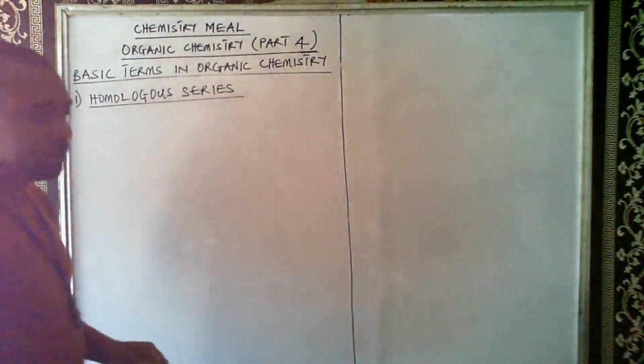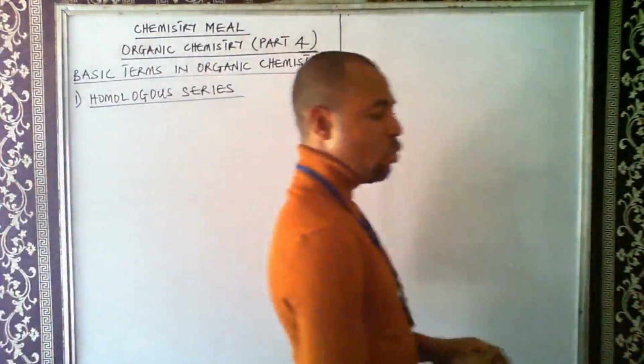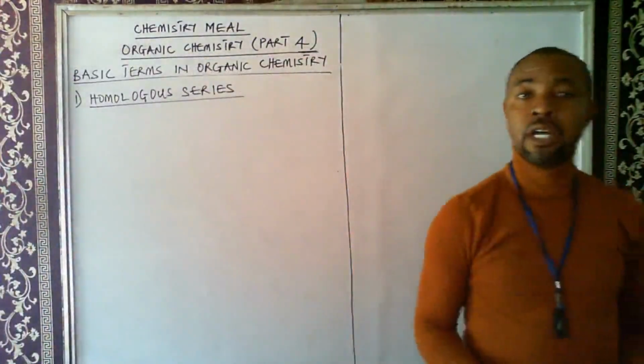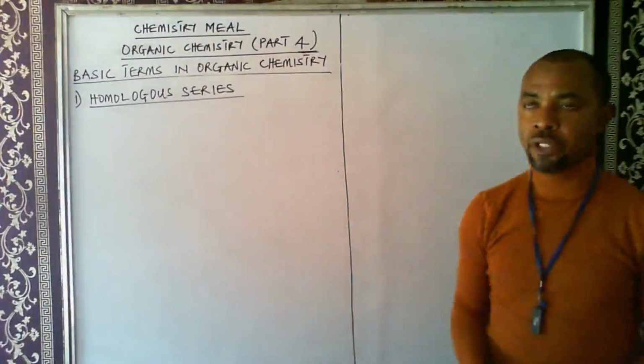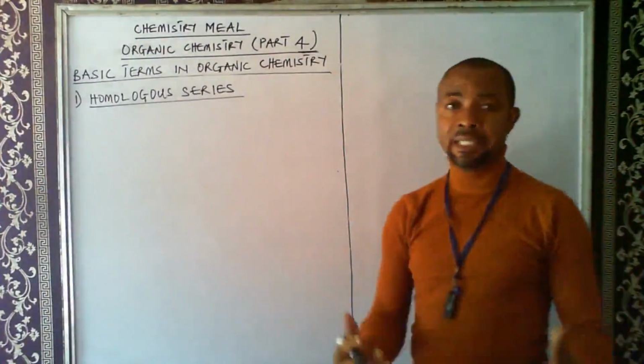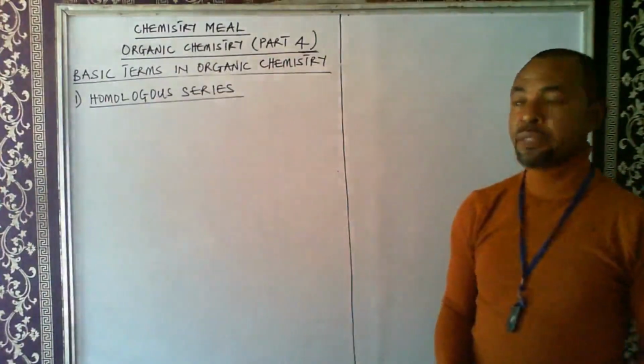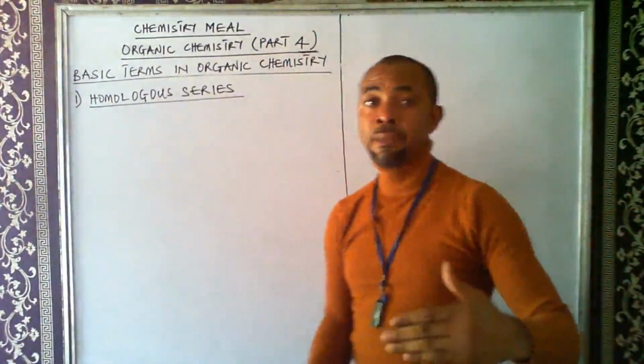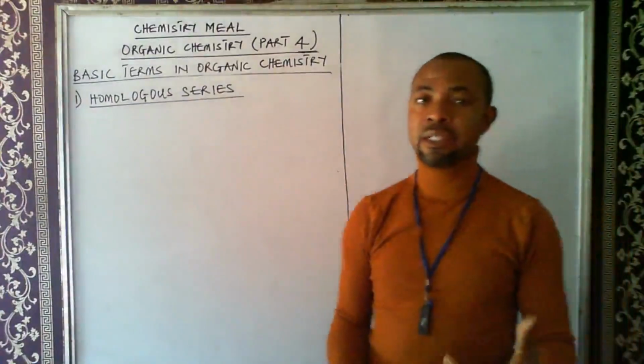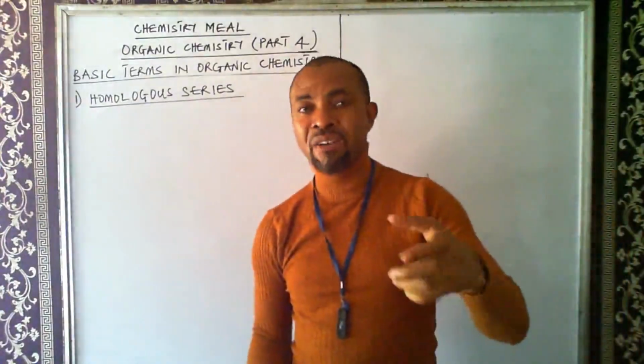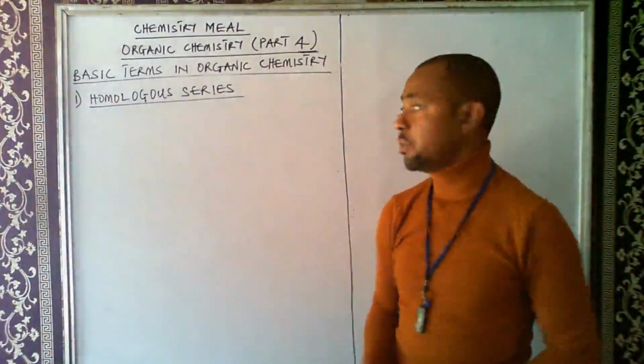What do we mean by homologous series? Maybe you have heard about it before, or maybe you have not. Since it is a term, we need to define it, and by the time we look at the characteristics of homologous series, we will explain it further.